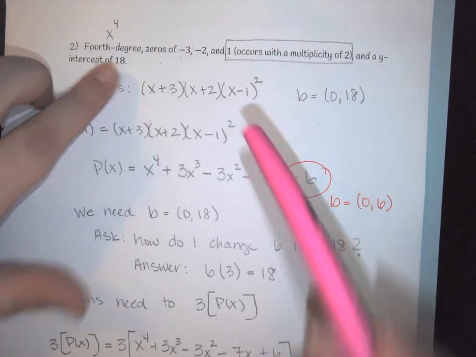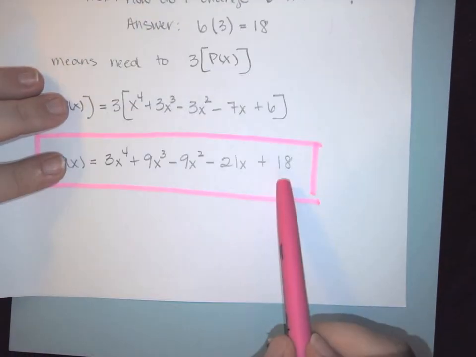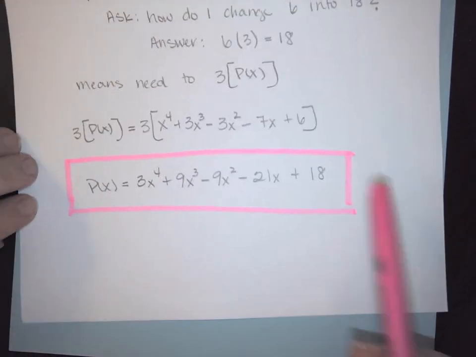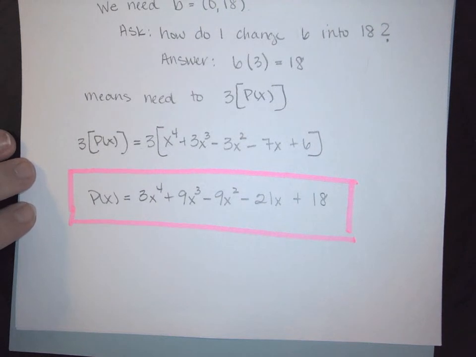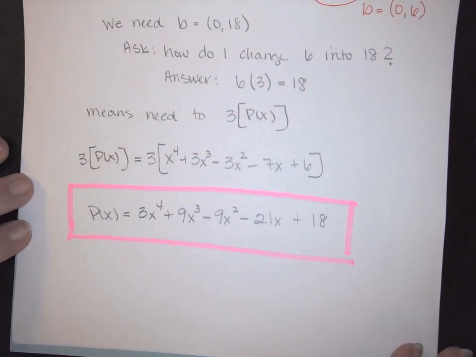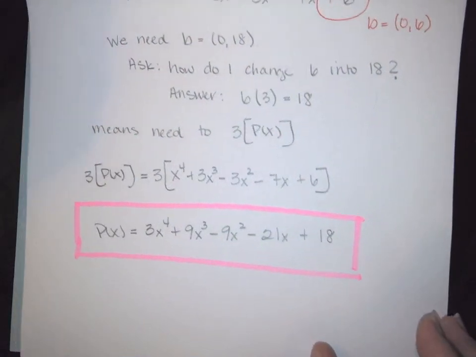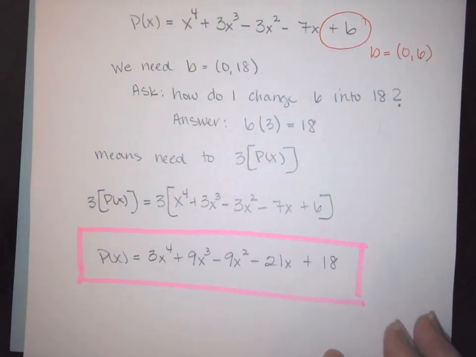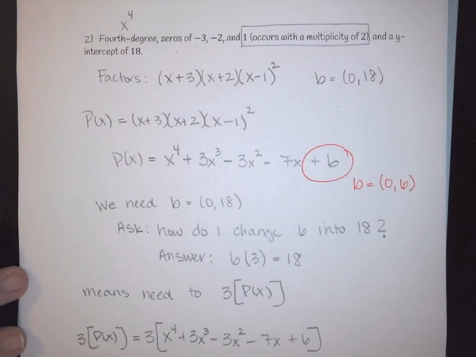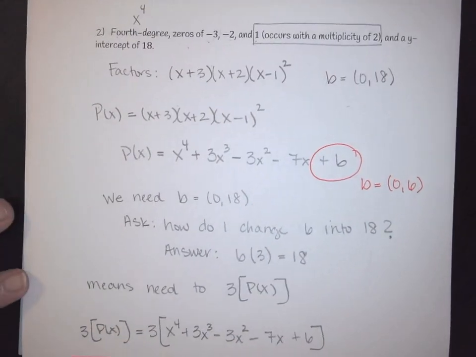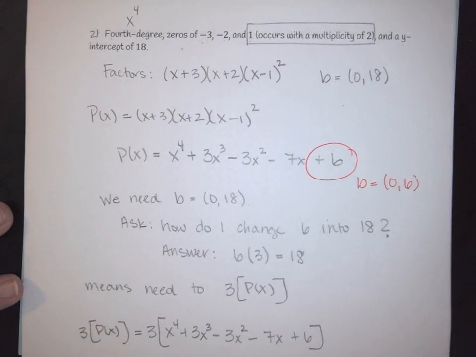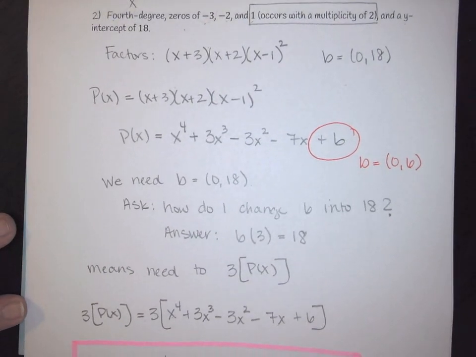And I need to have an intercept of 18. Check. I've done everything I needed, thus I have my polynomial. So those are two different ways that you can see finding polynomials using information provided.